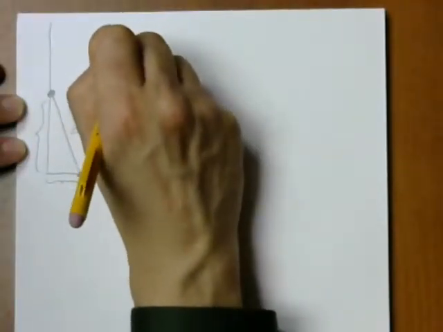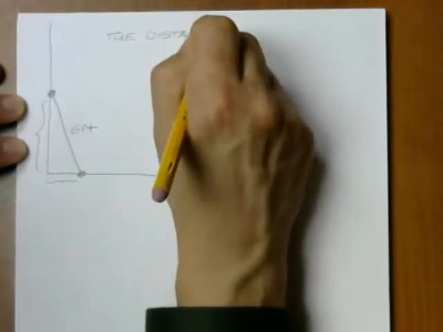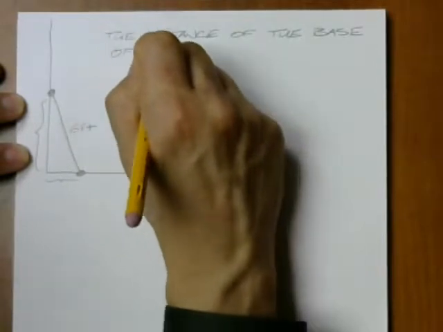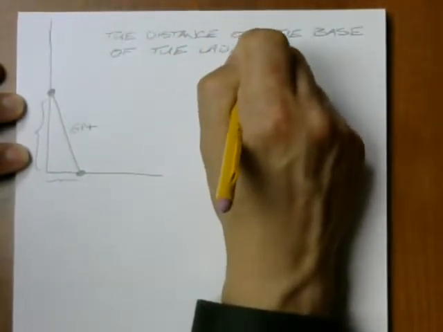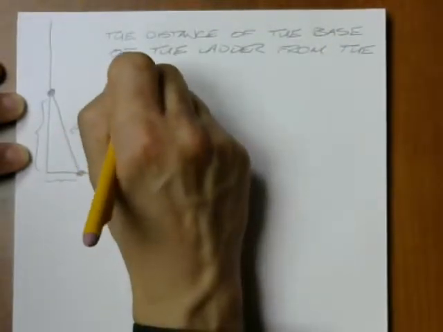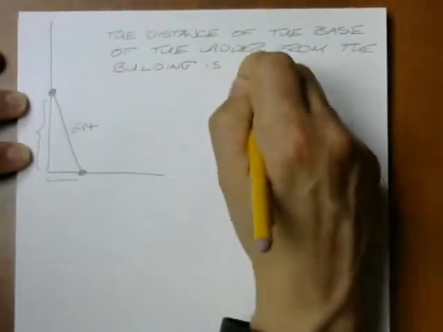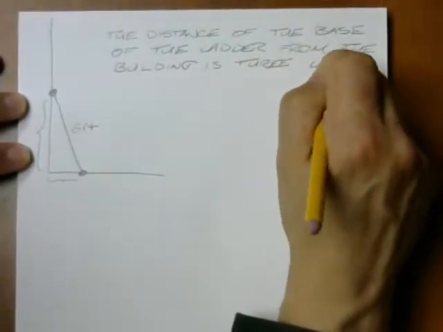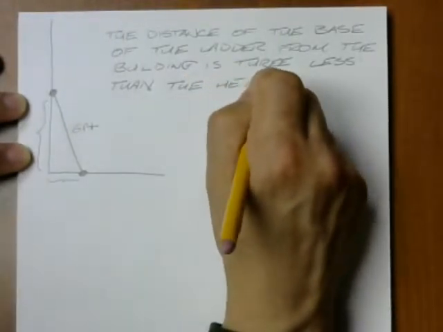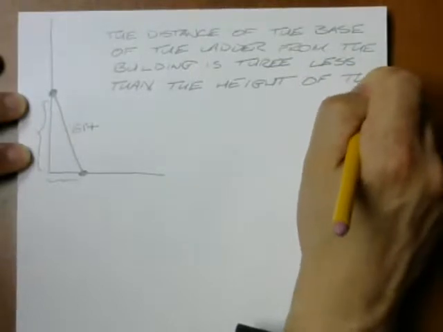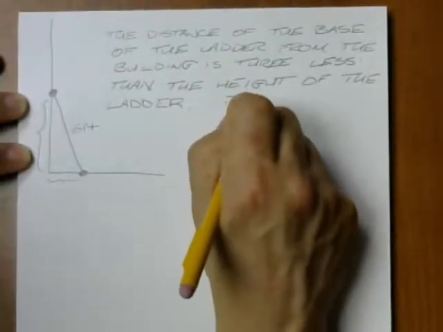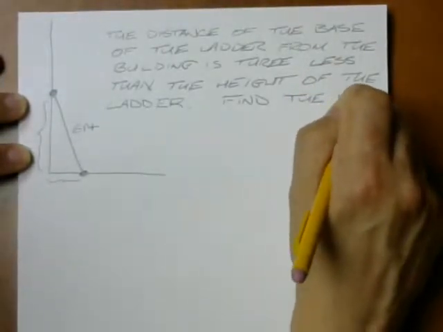We are told the distance on the ground of the base of the ladder on the ground from the building is 3 less than the height of the ladder. Find the height.